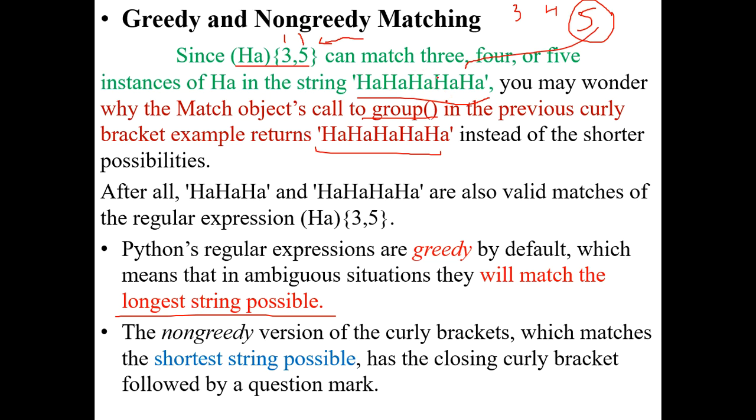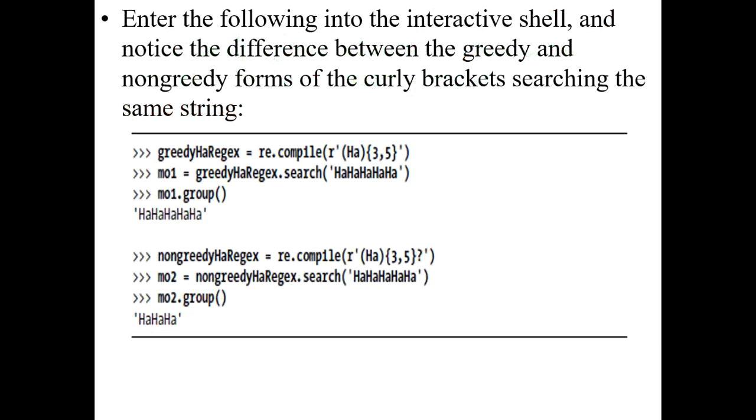Because of that reason it has returned this. And the non-greedy version of the curly brackets, which matches the shortest string possible, has the closing curly bracket followed by a question mark. If the curly bracket ends with a question mark, we call it non-greedy matching. So one thing we have to remember is that by default Python is greedy, meaning longest matching. Non-greedy means shortest matching possible.